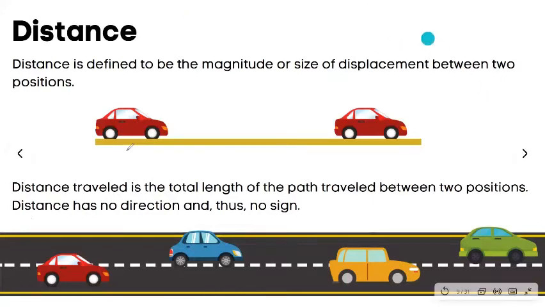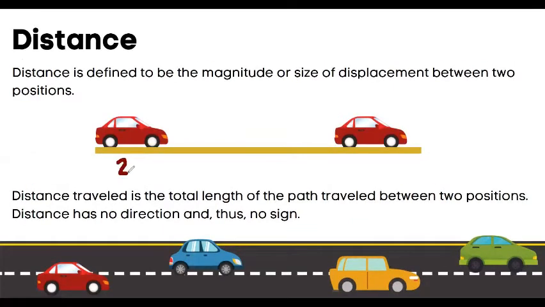Again, what if we have here the first location, which is 2 meters, and it travels along the line up to 9 meters. We can say that the distance is just the summation of the distance traveled or the total length traveled by your car.